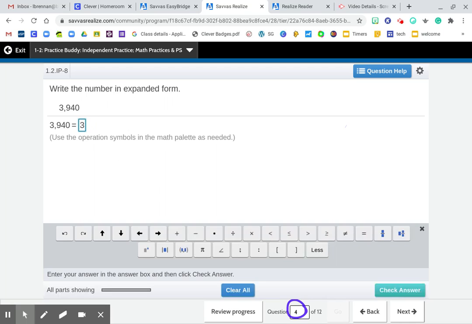Or I could do 3 times 1,000 plus 9 times 100 plus 4 times 10.